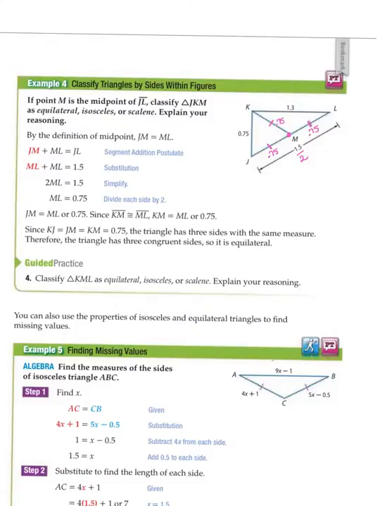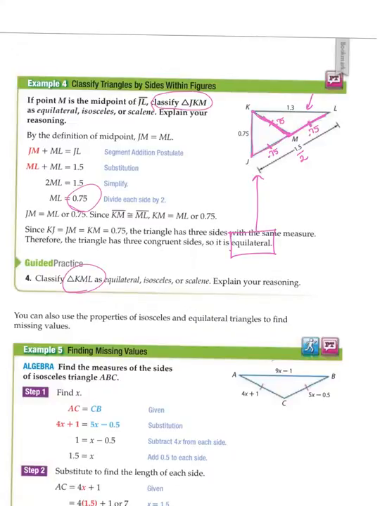To define or classify what kind of triangle JKM is, do you see that each of the 3 sides equals 0.75? Therefore, here we have an equilateral triangle. All 3 sides are the same. If we look at KML up here at the top, we see that we have 2 sides that are 0.75.